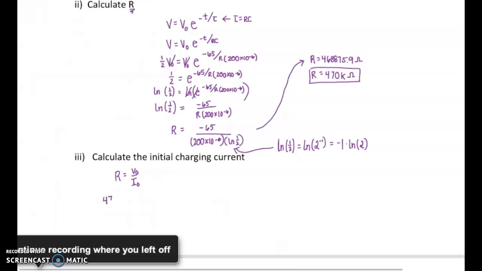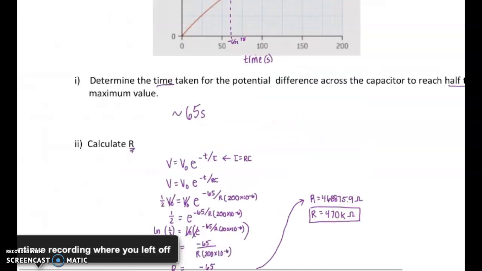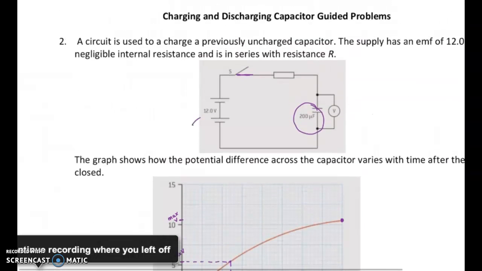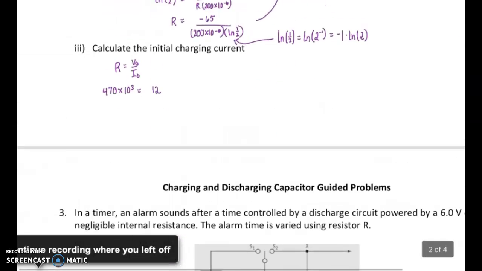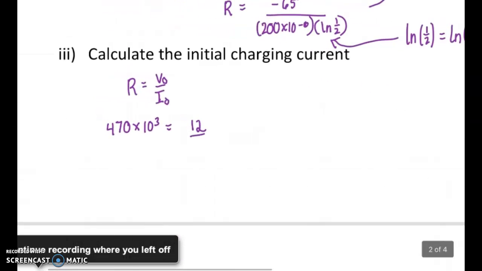So I'll take that 470K, our maximum voltage in this circuit being 12 volts, as we can see right here for our battery. And dividing that by I naught, which is what I'm trying to solve for.